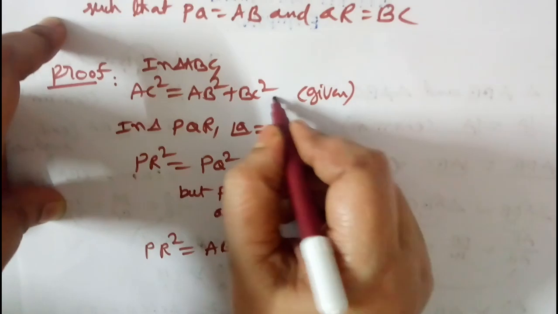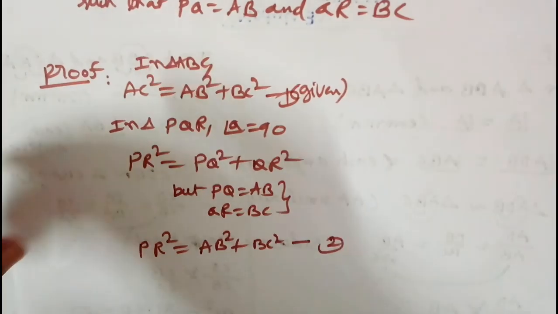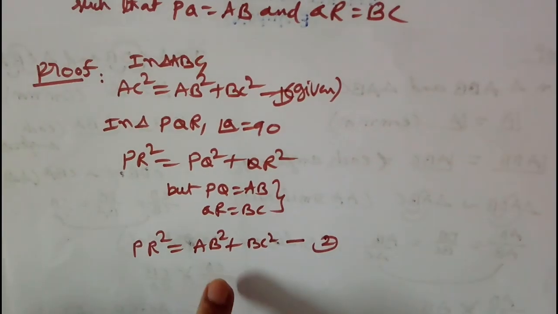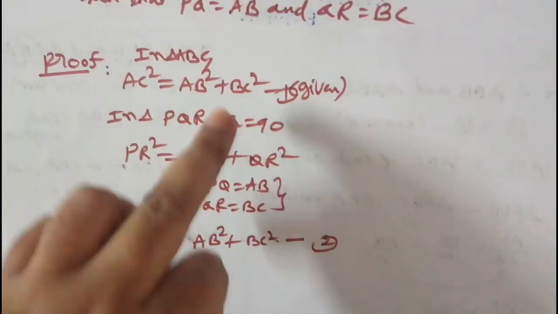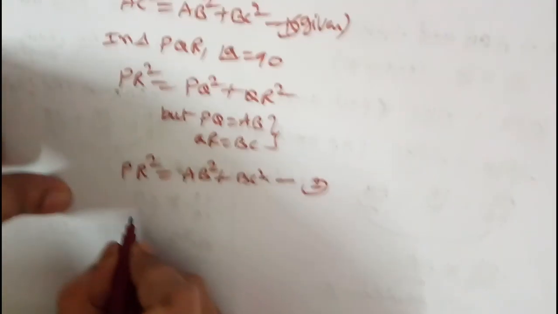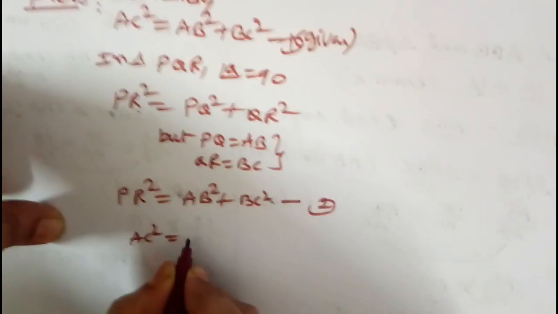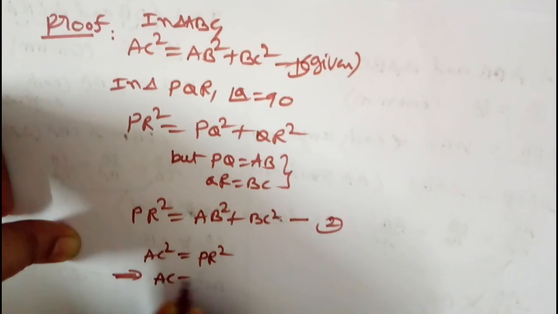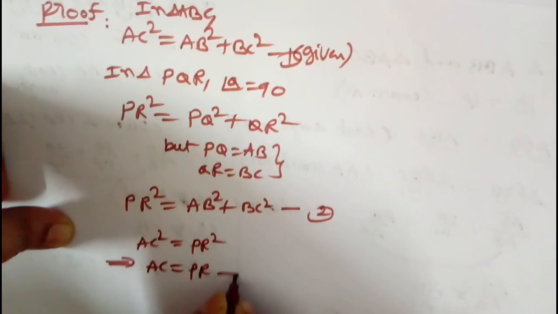So this is equation 2, and this is equation 1. From equations 1 and 2, the RHS part is AB square plus BC square in both. Both RHS parts are equal, so the LHS parts are equal. That is AC square is equal to PR square. That implies AC is equal to PR. So this is equation 3.